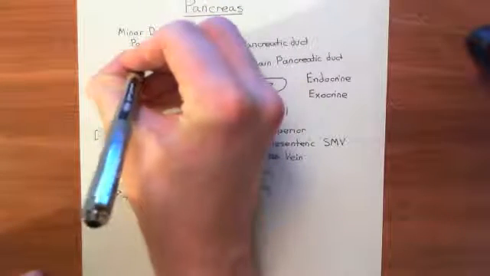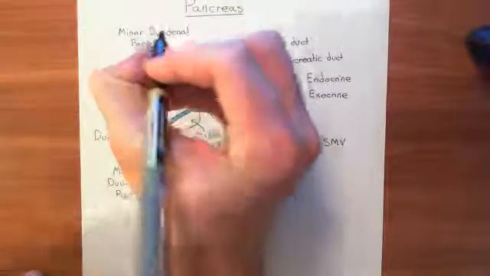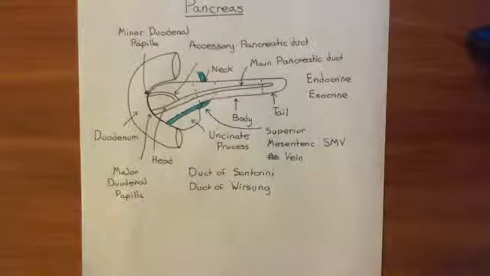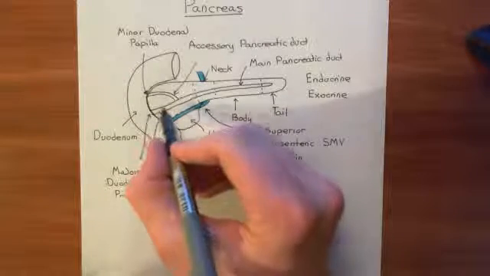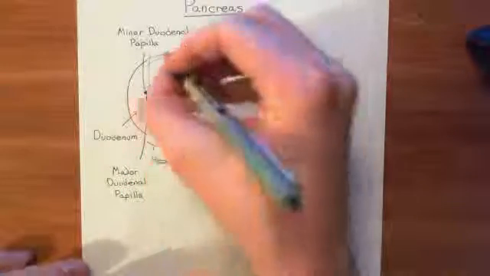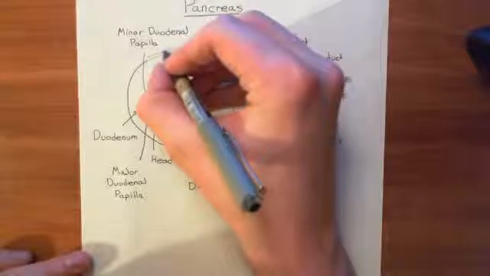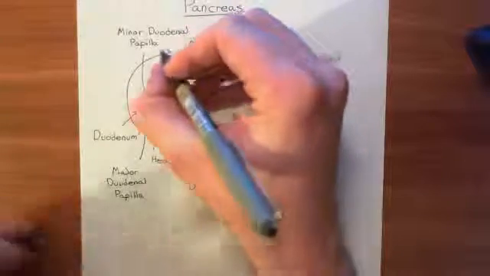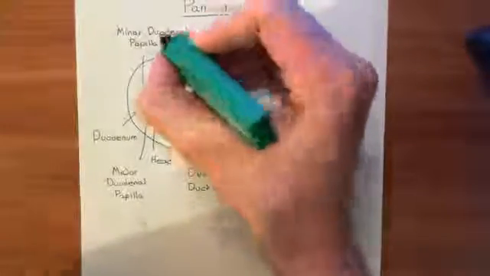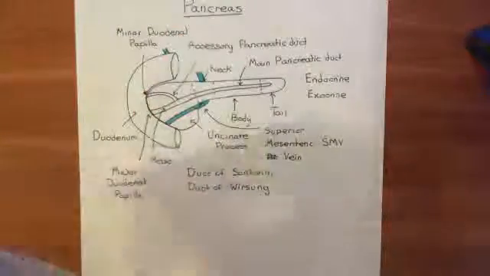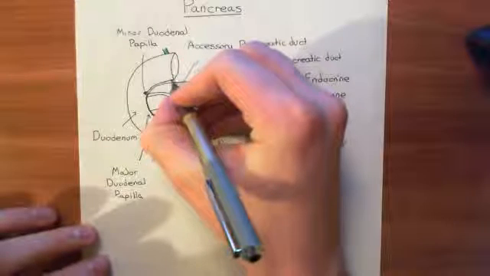Right, now one final thing we need to talk about is that the common bile duct actually empties itself onto one of these pancreatic ducts, the main pancreatic duct. The common bile duct comes down from the liver up here, so we'll say that this is the common bile duct. It goes behind the duodenum, and then behind the pancreas.